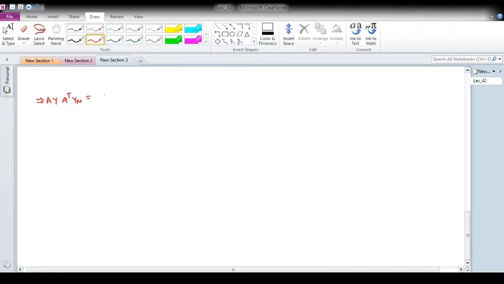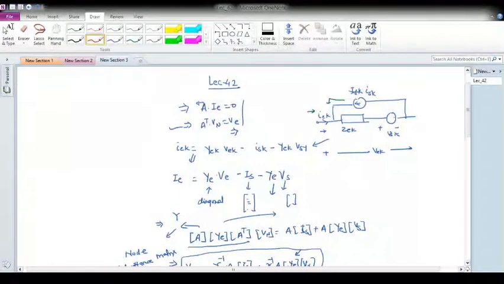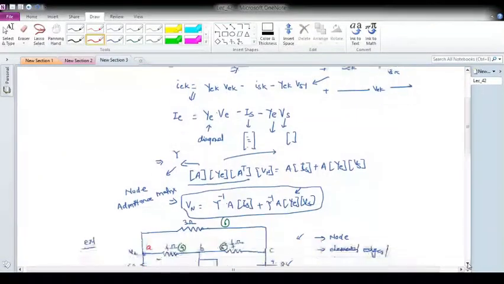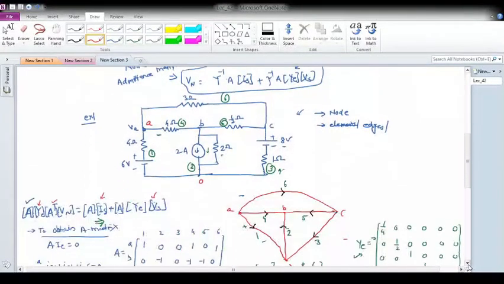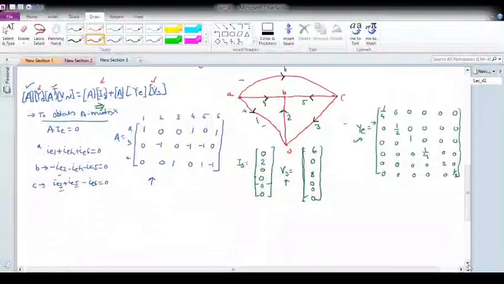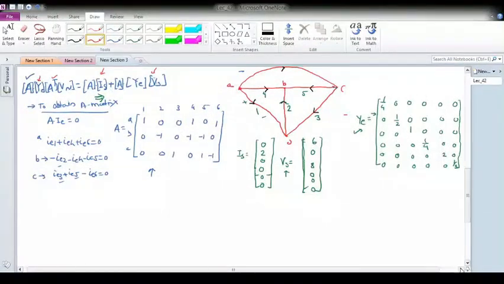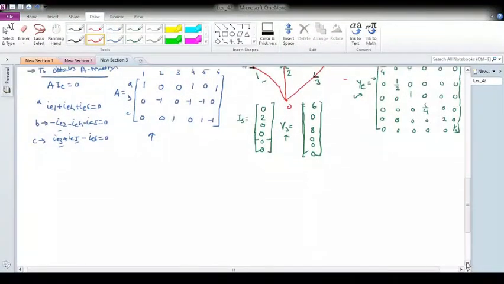The right side was A IS plus A Y into VS. Now A we know, and A transpose I can get by taking the transpose of it.